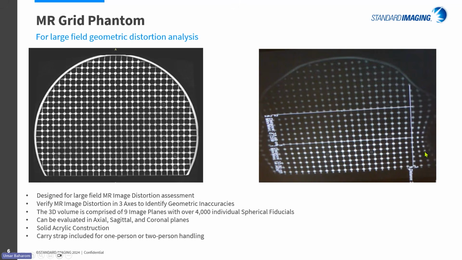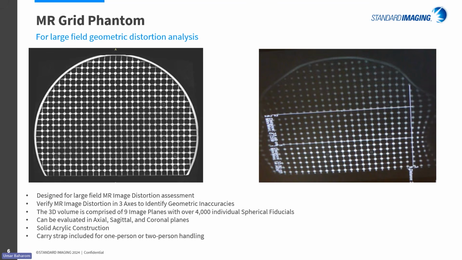So again, the MR grid is designed for large field MR distortion assessment. You use it to verify your image distortion in 3 axes: X, Y, Z. In terms of coverage, the bore size is large, but there's also some coverage over the Z axis as well.